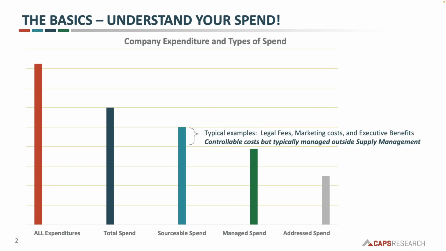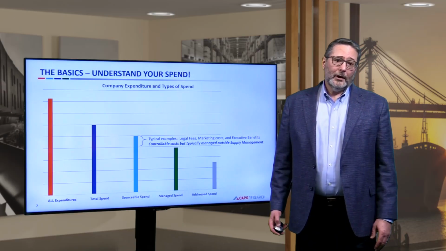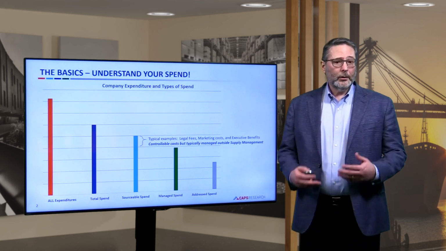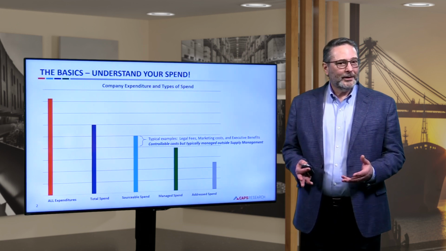It depends on your company, your cross-functional relationships, and the willingness of your partners to allow procurement and supply chain to work with them to understand whether some of this can be better managed and controlled. Oftentimes, a chief legal counsel or a chief marketing officer will say, "No, thank you. I've got this piece covered."